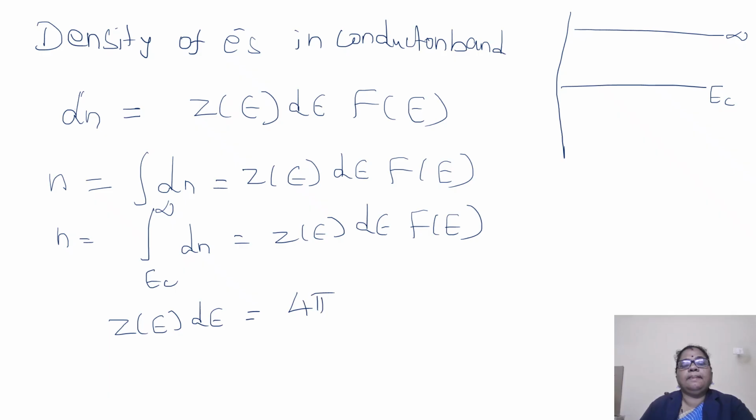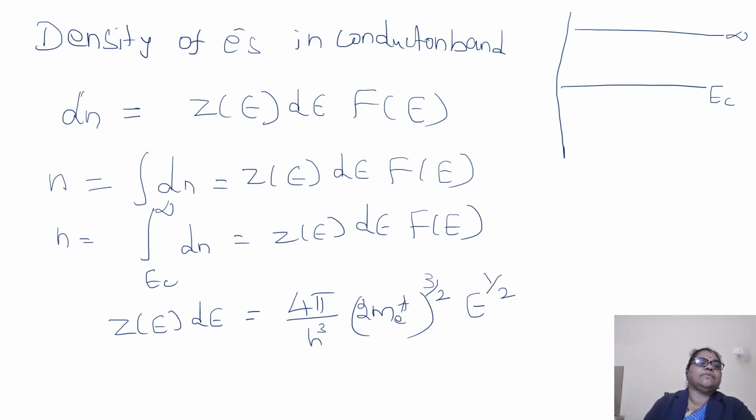It is 4π by h³, multiplied by (2m*) to the power 3/2, where m* is the effective mass of an electron, multiplied by E to the power half. This is the density of energy states.